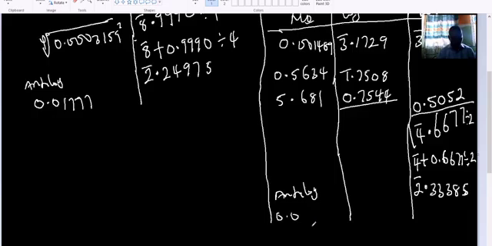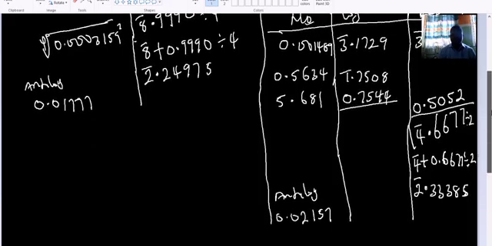Then antilog: you have shift, log, so antilog of this, your answer is going to be 2, 1, 5, 7 approximately.